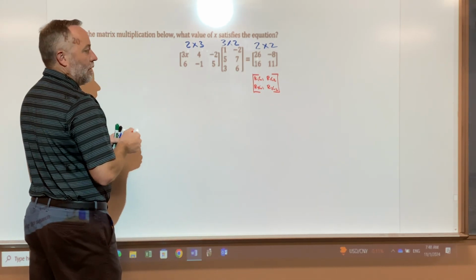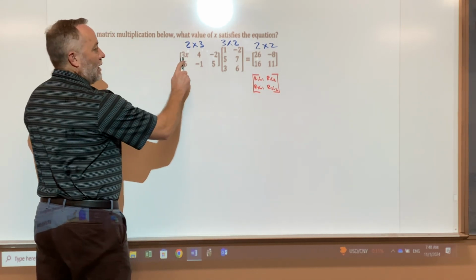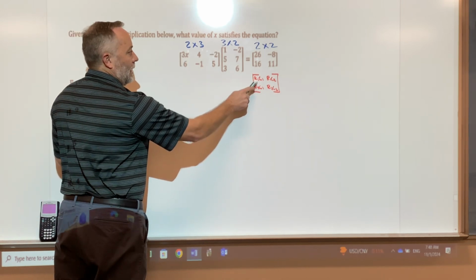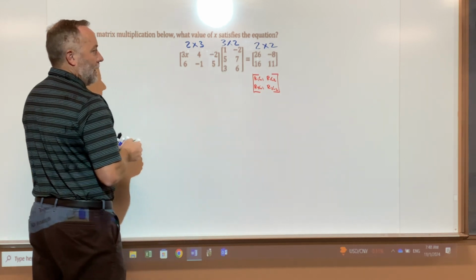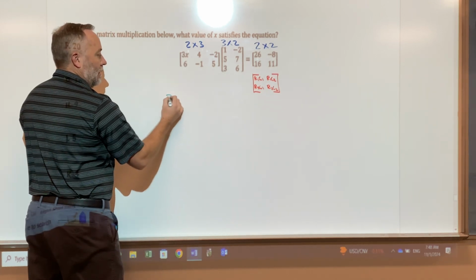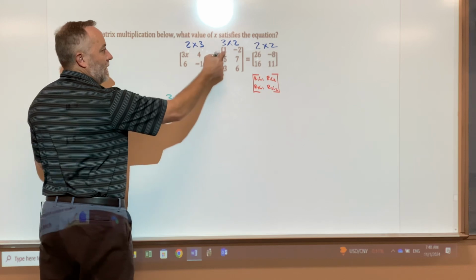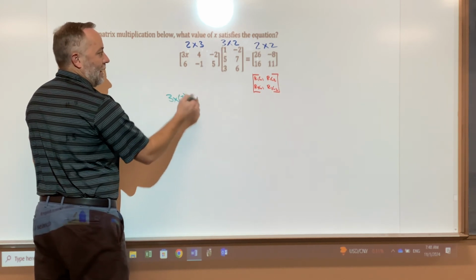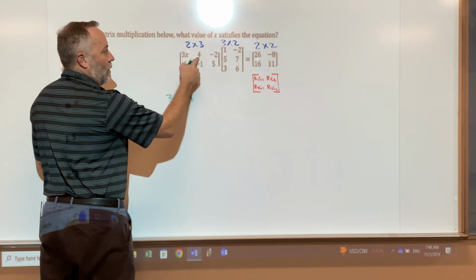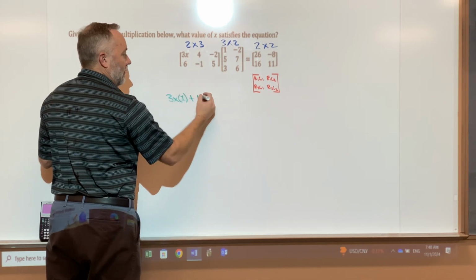So here's how you multiply matrices. You take everything in the row and you multiply it by each element in the column and you add those pieces. So it looks like this. The 3x gets multiplied by the 1. And then we're going to add to that the next piece. 4 gets multiplied by 5.